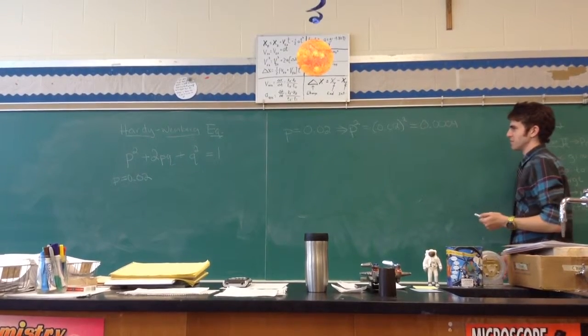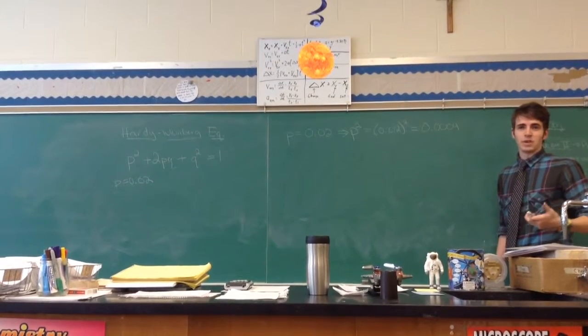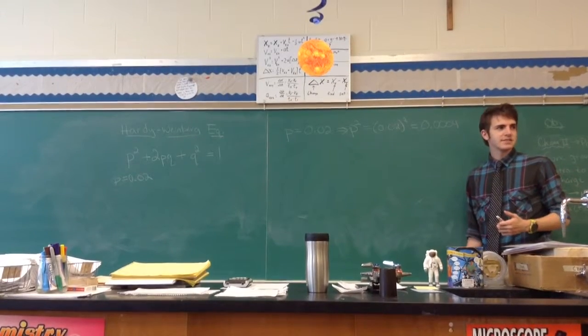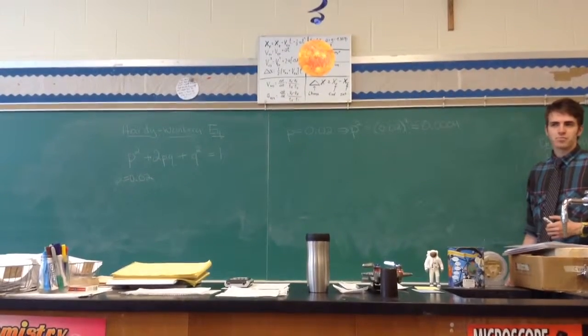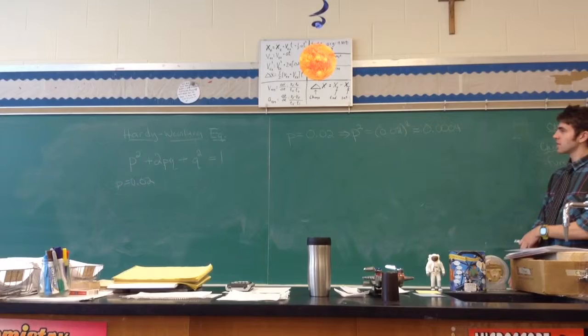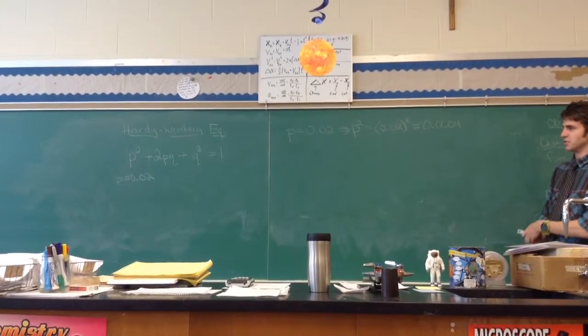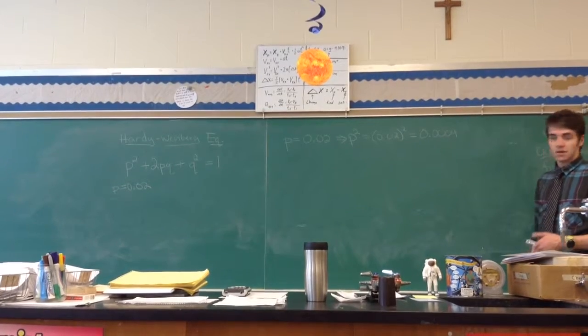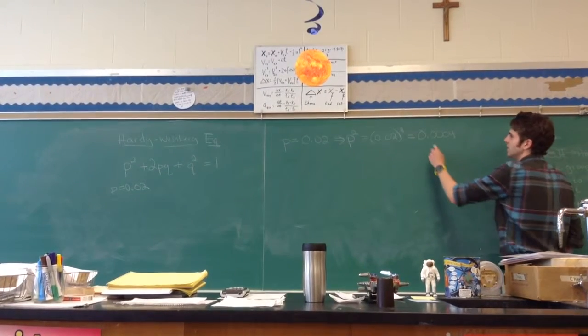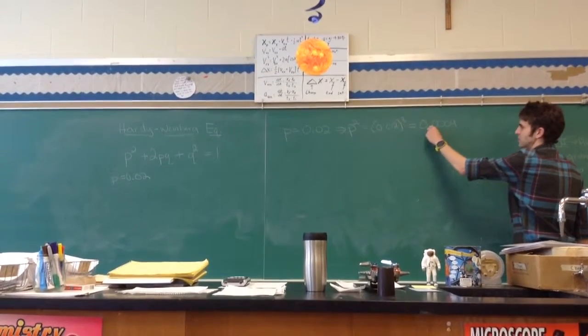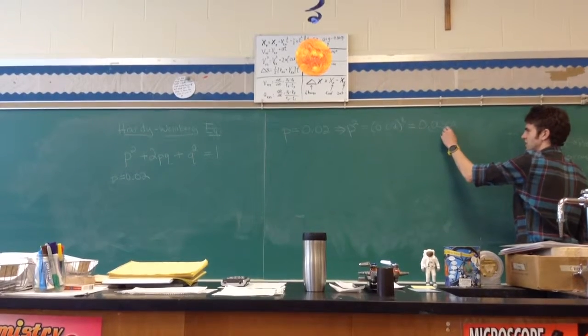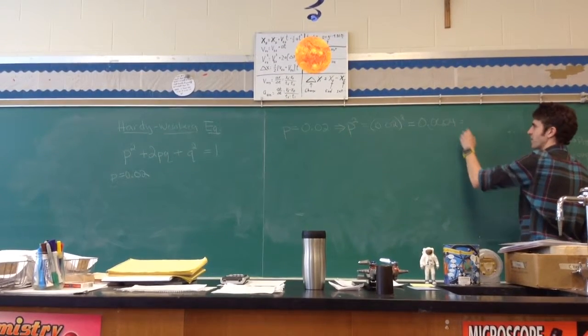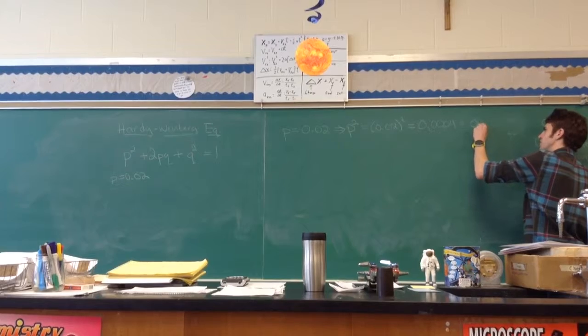So what would that be in percent? Just so we can relate it to our example that we did in class. How do we convert from a decimal to a percent? Multiply by 100. Wonderful, yeah. So when we multiply by 100, we're just moving the decimal place 2 slots to the right. So we'll get 0.04%.